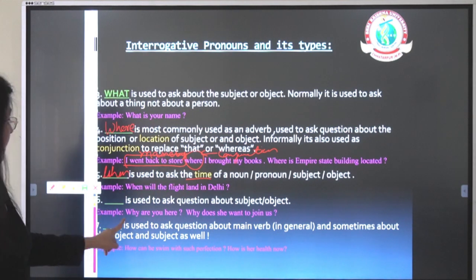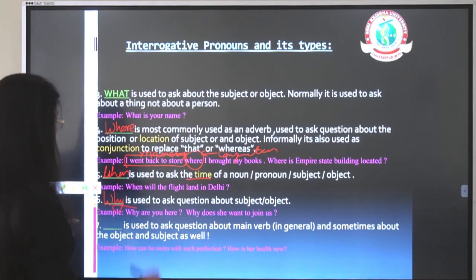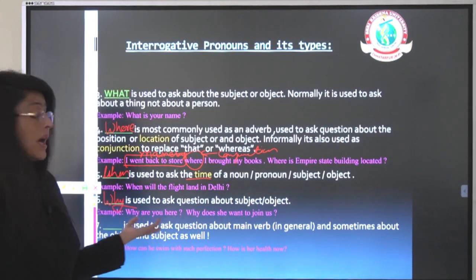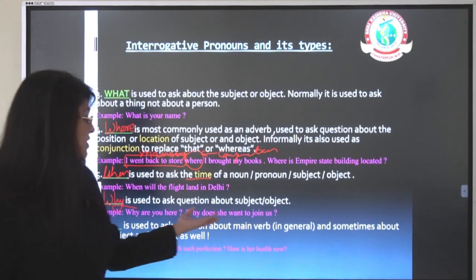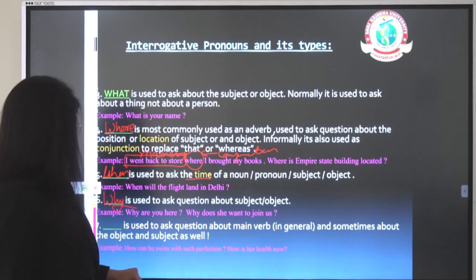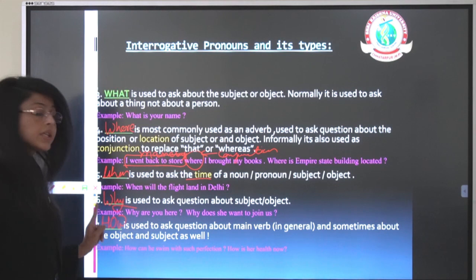Coming on to the next one, why. Why is generally used to ask a question about the subject or an object. Simple. Why are you here? Why does she want to join us? About a person. Then this is the exception question word, which is not a WH word.